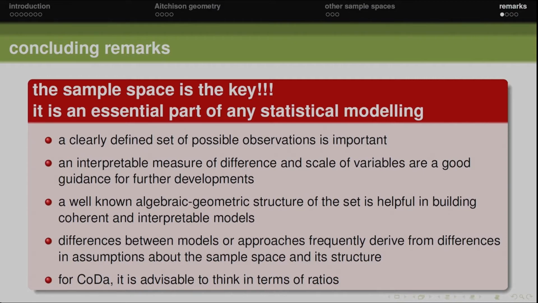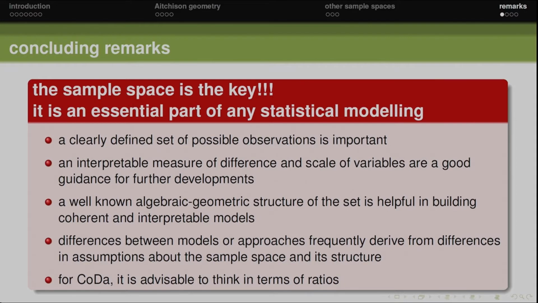The debate can frequently be reduced to a debate between the sample spaces underlying the different methods. So it's not necessarily a difference between the methods themselves, but how or where they are applied, which is the sample space, the underlying assumption.